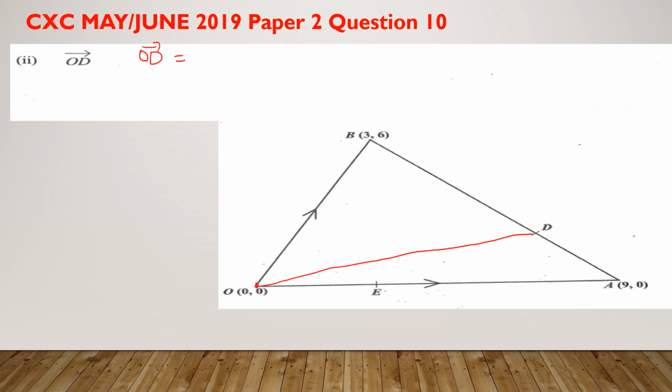Right, so that is going to be OA plus AD. So OA plus AD. So we remember that OA, if you're not sure, is 9, 0. And we were told that AD is a third of AB.